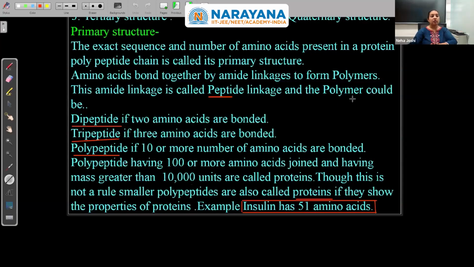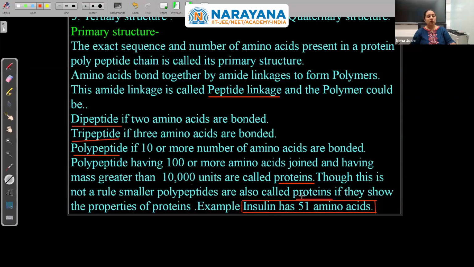And the polymer that will form, we will call it dipeptide if there are 2 amino acids, tripeptide if 3 amino acids, polypeptide if 10 or more. Polypeptide having 100 or more amino acids joined and having mass greater than 10,000 units is called protein. Though this is not a rule, smaller polypeptides are also called proteins if they show the properties of protein.